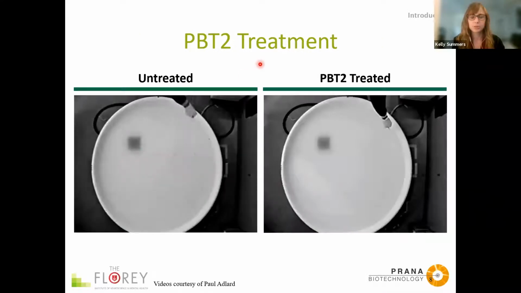And so to show some further evidence here, this is a study looking at an Alzheimer's model mouse. In the untreated mouse, you can see that he has this black spot sort of swimming around in this pool. And he would have been trained to swim to this platform here where he can get up out of the water.